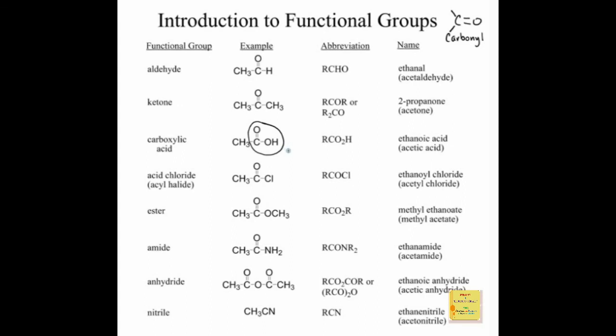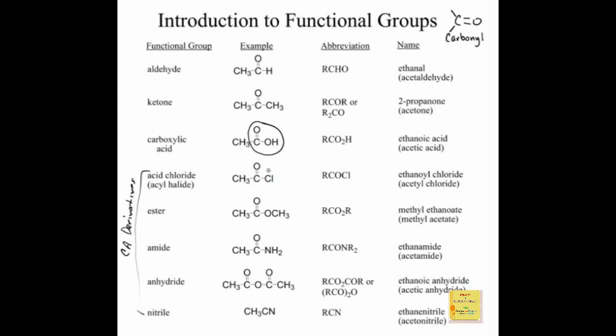And then this last set of compounds are called carboxylic acid derivatives. So these are compounds that are derived from carboxylic acid. These are typically studied hand in hand, generally around the same time.